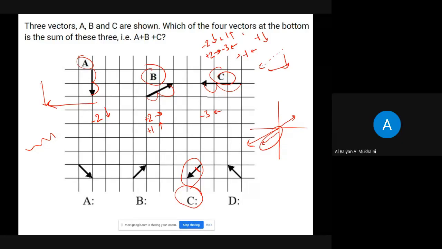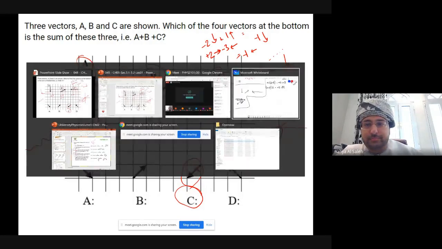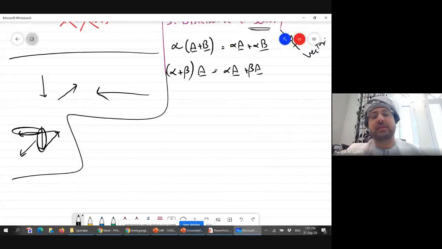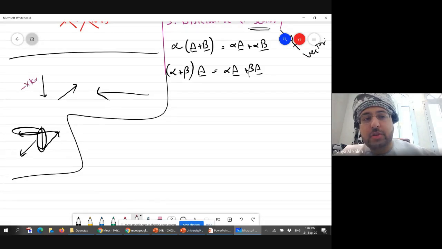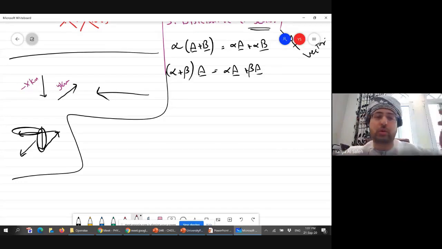Okay. Say for example, let's give these lines some number, some meaning. So I leave home, and I go down minus X kilometers. Then I decide to go upright, Y kilometers. Then I decide to go back towards home for Z kilometers.